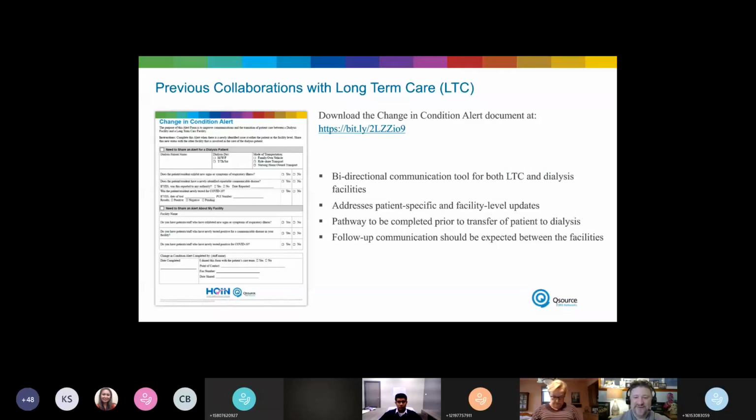It's to address patient-specific and facility-level updates. It's intended to be completed prior to a transfer, with the expectation that there are follow-up communications as needed and as required. That is available on the website, and the hyperlink will be included in the PowerPoint presentation at the end of this session.